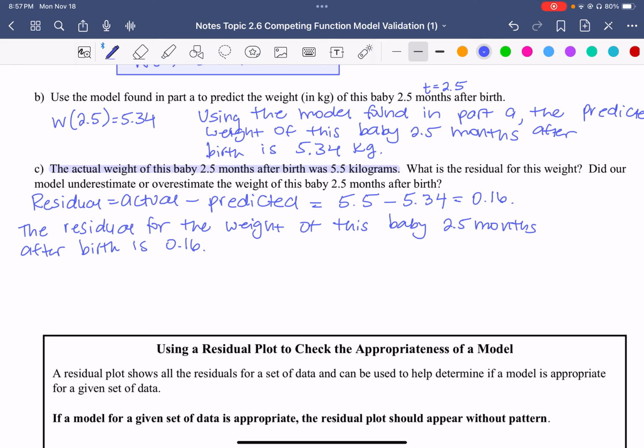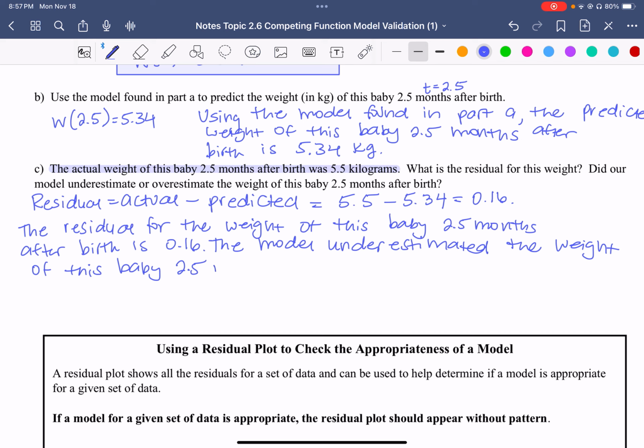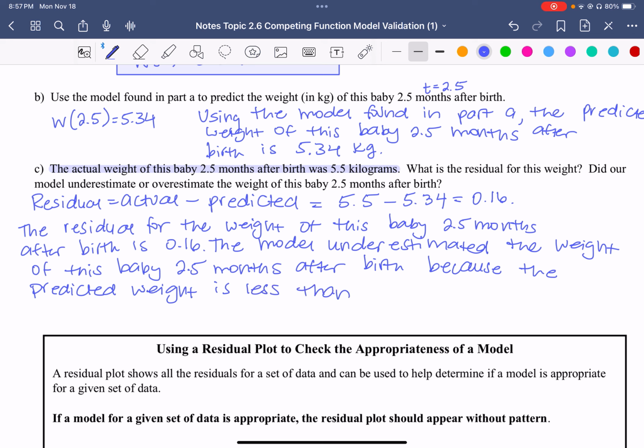So that means that the model underestimated the weight of this baby 2.5 months after birth because the predicted weight is less than the actual weight. Okay, all right.